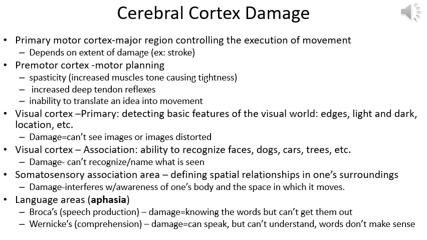And this particular slide, titled Cerebral Cortex Damage, talks about some of the issues that can arise when certain cortical areas, and the word cortical implies cortex, might be damaged, and there's going to be some practical connection between the results of damage and the actual functions that you identified in the previous slide.